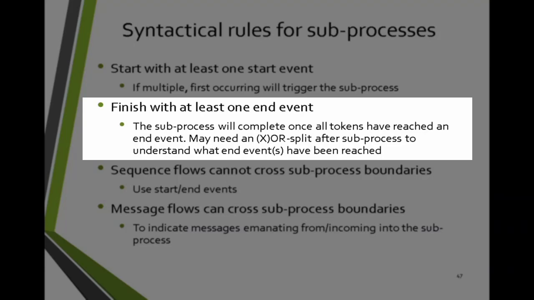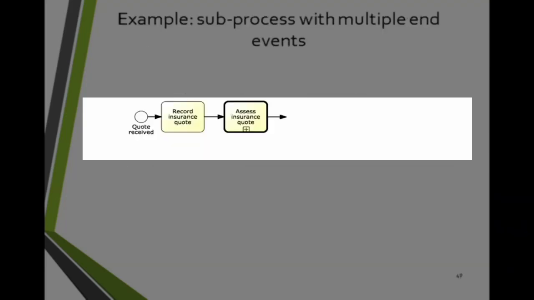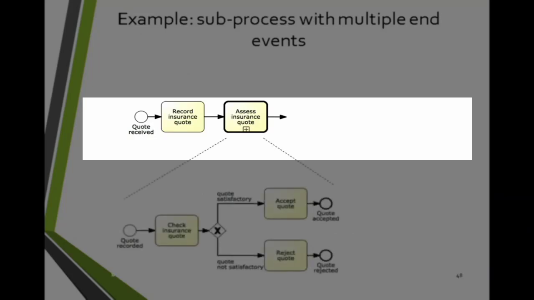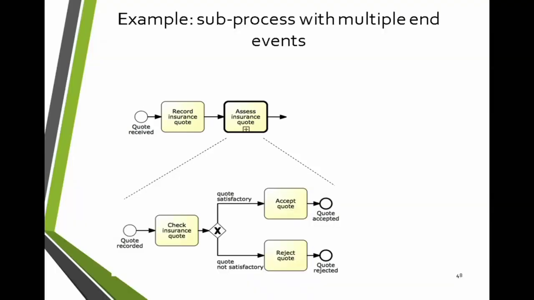This bullet point regarding end events, that's also one thing that I want to mention, but I will come back to it next week. If you have a particular process, a sub-process, with multiple end events, in this case, "accepted" and "rejected", it is advised to make sure that in your parent process, you account for these different outcomes.